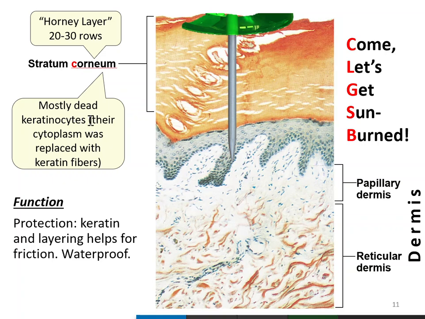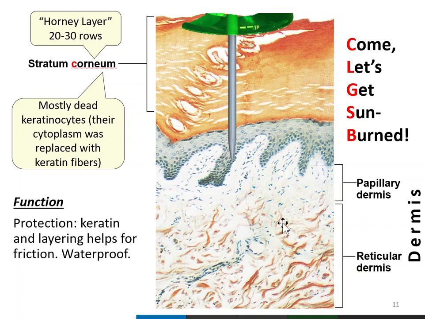And the reason they're dead is they made so much keratin and ended up being pushed to the more superficial layers, and now they're farther away from the blood, farther away from the capillaries of the dermis. Being too far from blood vessels means they don't have enough nutrients to survive, and especially when they're working so hard to make so much protein fiber, they need a lot of energy, so they end up dying, and their cytoplasm is essentially replaced entirely with keratin fibers.